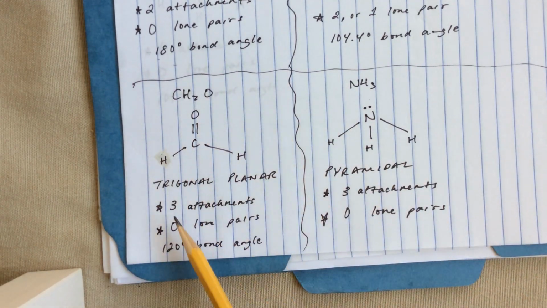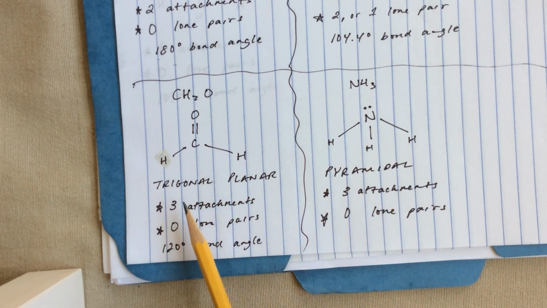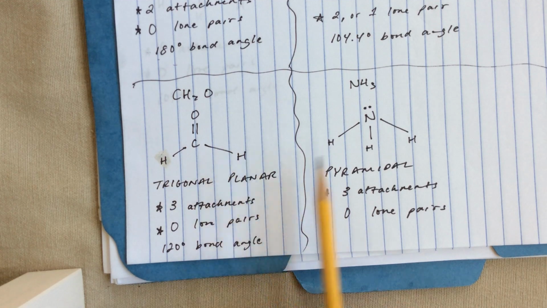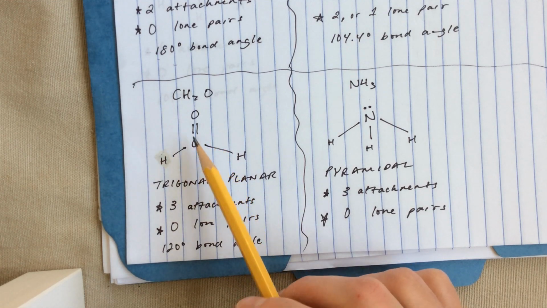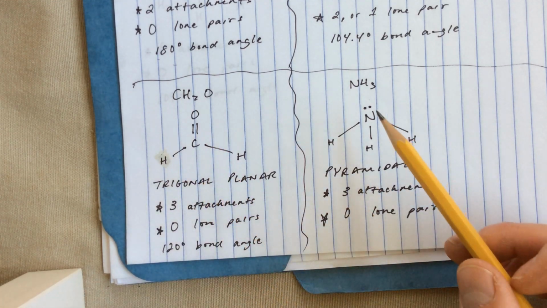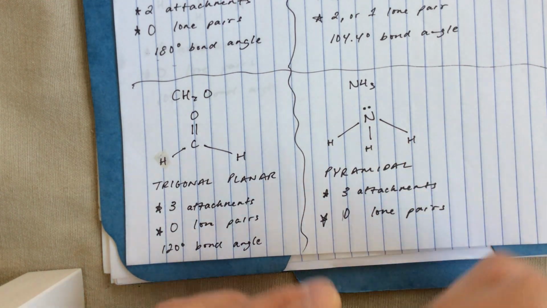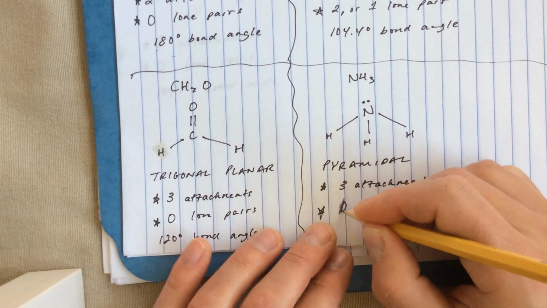On to three attachments, you have two options: trigonal planar or pyramidal. The difference is that trigonal planar has zero lone pairs on the central atom, and pyramidal has a lone pair, usually one, though it could be more.